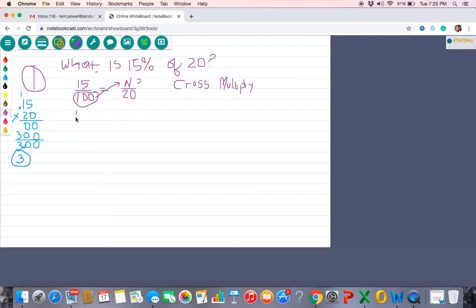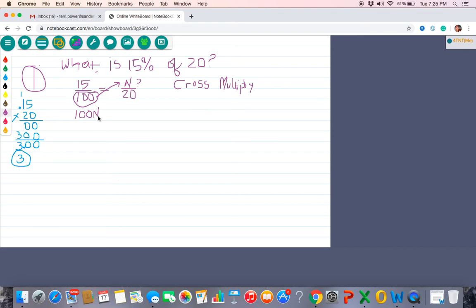And when I do that, we have this weird thing where it's going to be 100n, which is just 100 times that number that I don't know. I don't need to put a times there. It's implied when I do 100n. It's times that number. I've just multiplied those two together.